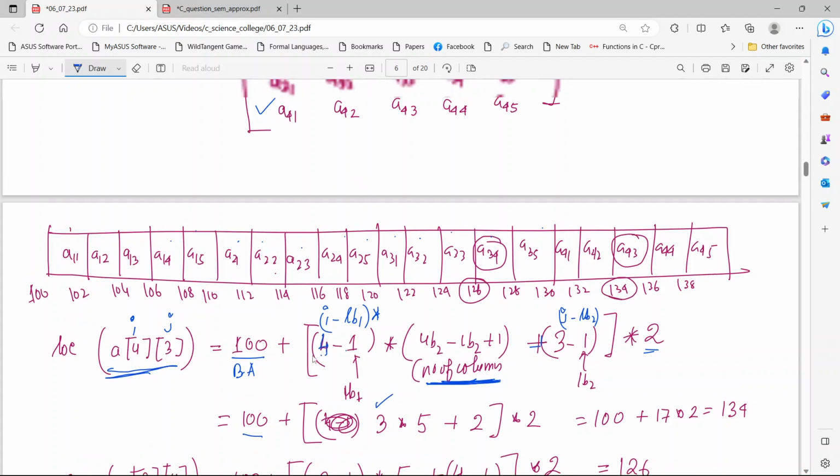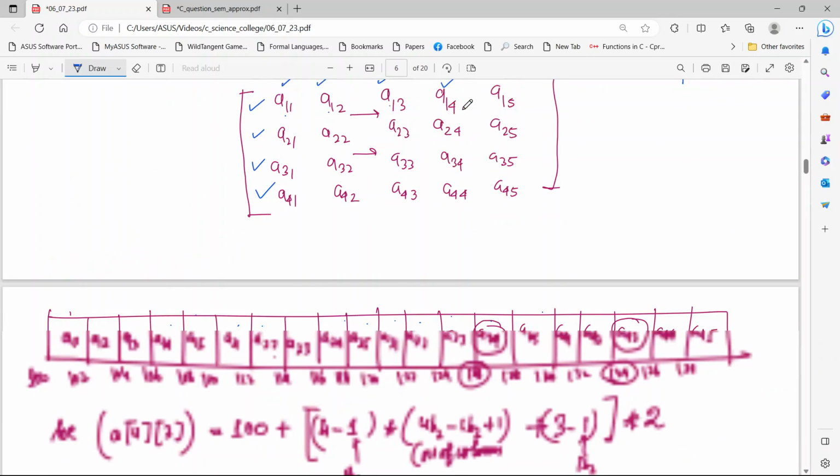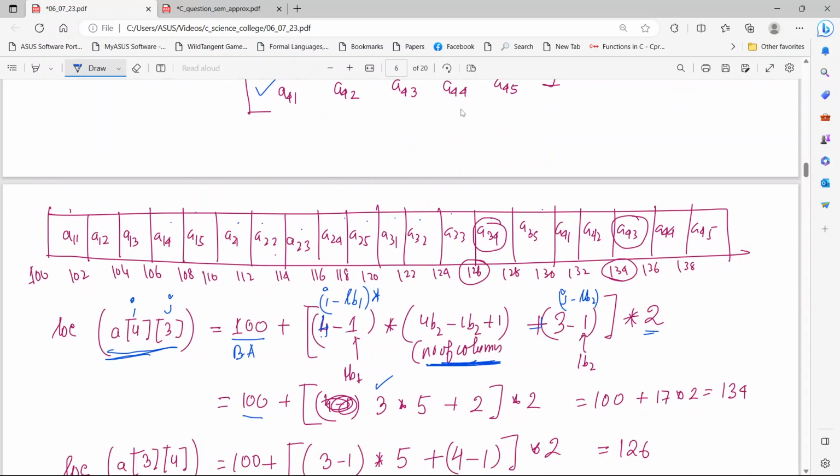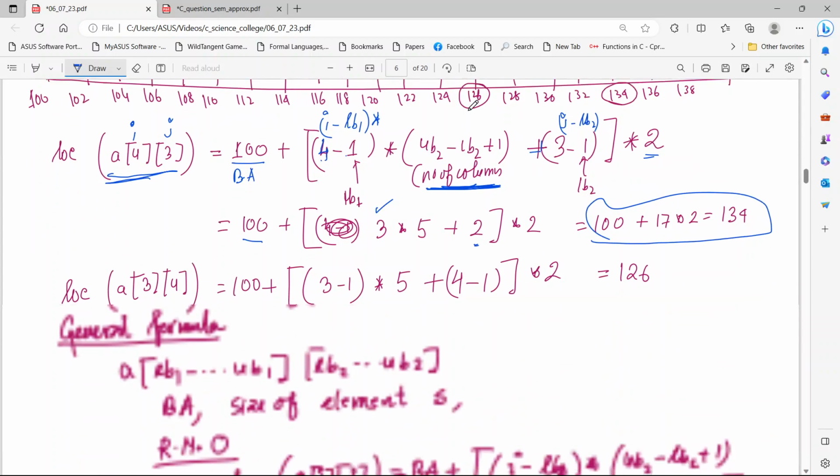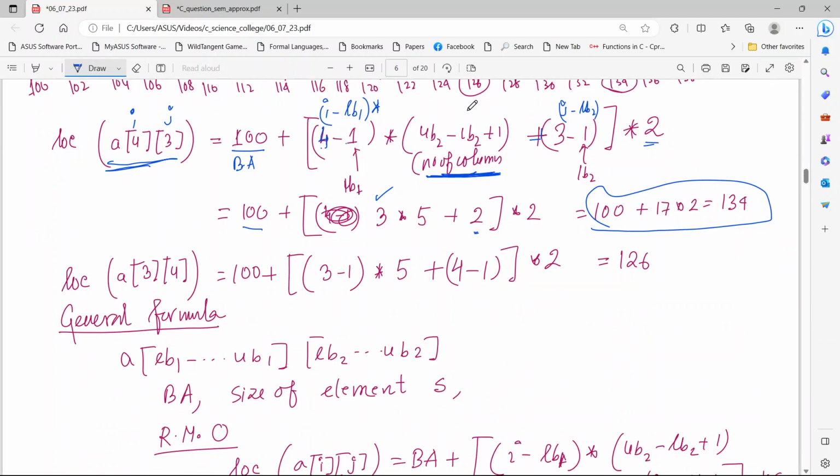Number of columns we already found is 5, so you multiply with 5, plus 3 minus 1, that is 2, multiplied by 2, and that will give you 134. That is the corresponding answer, 134, right?